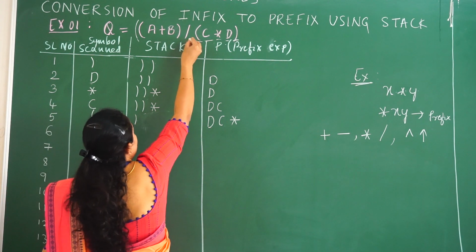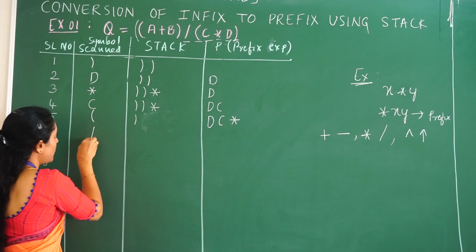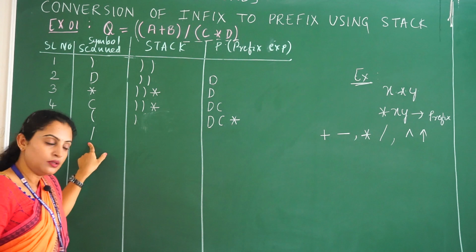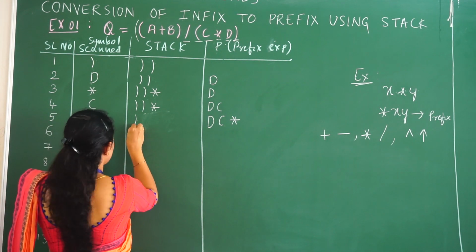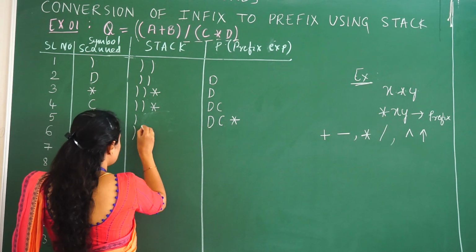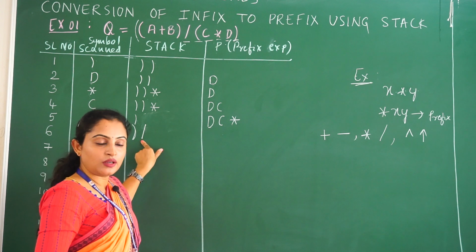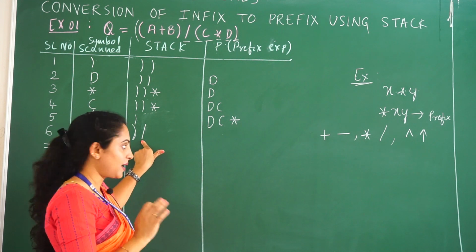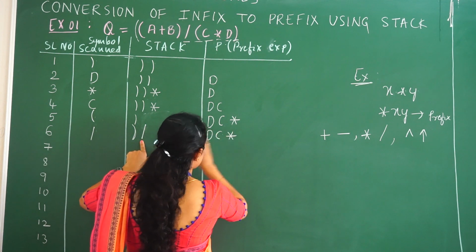So let's continue scanning. The next scanned symbol is division. Since division is an operator, let's place it onto the stack. Precedence check is not required because there is no operator on the stack. So the prefix expression remains the same. Okay.